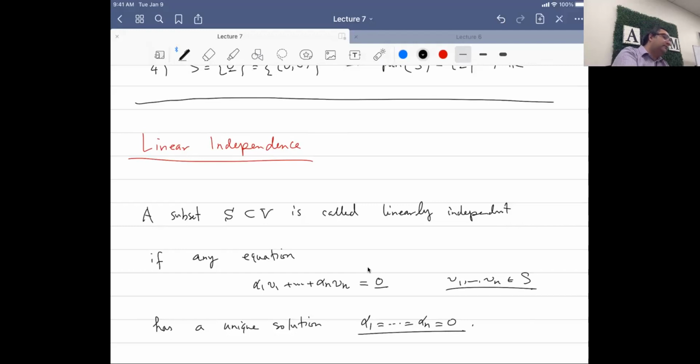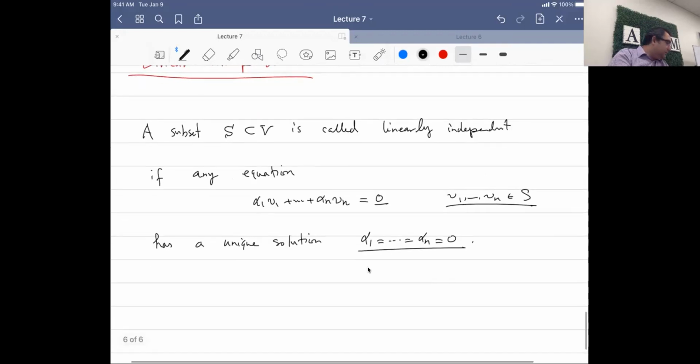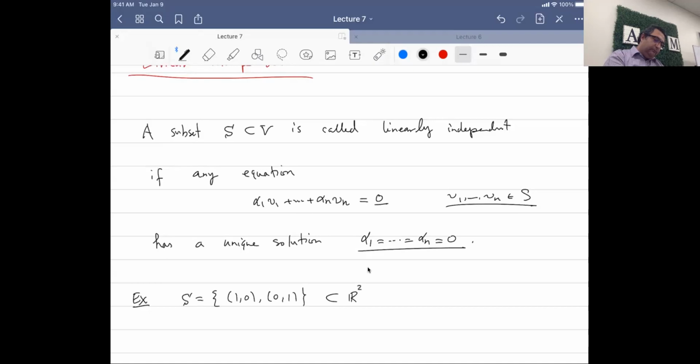So let's think about this in the context of an example. All the alphas should be 0. There's no other combination that you can find that gives you the zero vector. Let's think about S equals {(1, 0), (0, 1)} in R2, which is your V here.